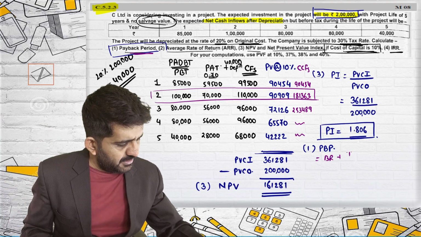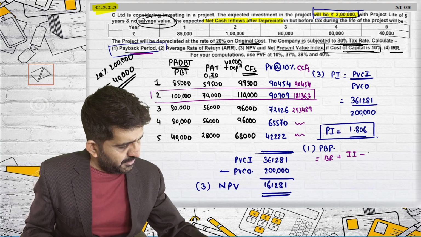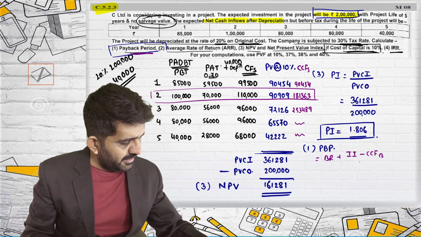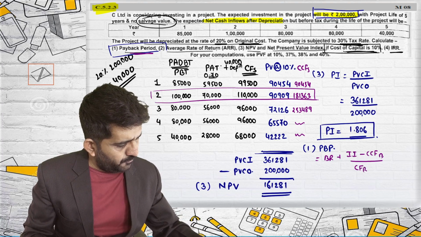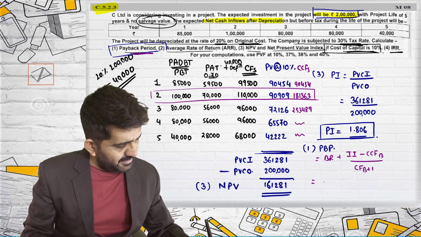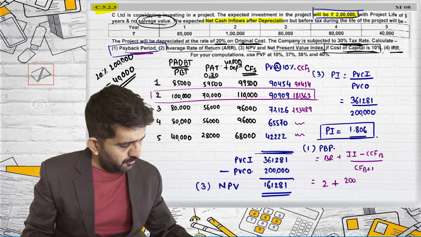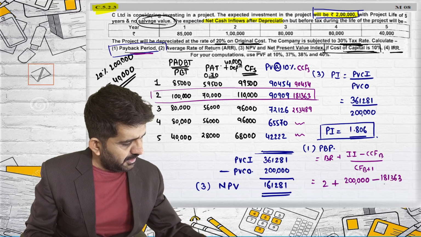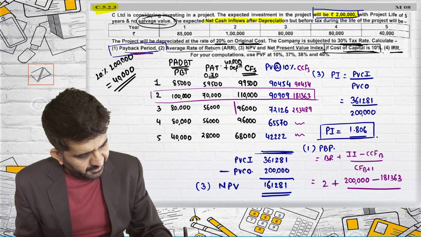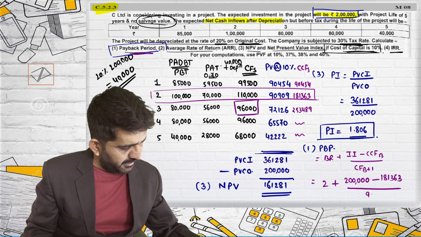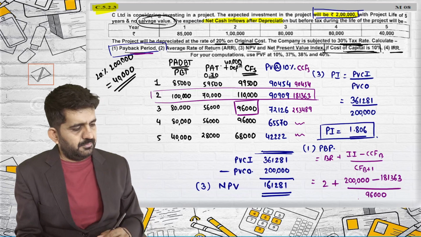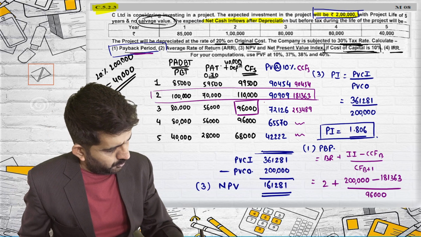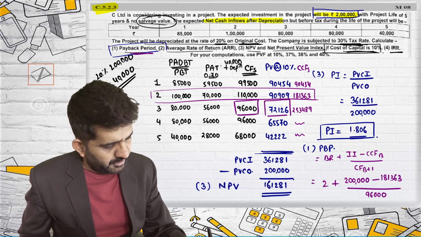Base year plus initial investment minus cumulative cash flow of base year divided by cash flow of base plus 1 year. Base year is 2 plus initial investment 2 lakh minus 181,363 divided by cash flow of third year, which is 96,000. Sorry, it is 72,126. Discounted cash flow is 72,126.